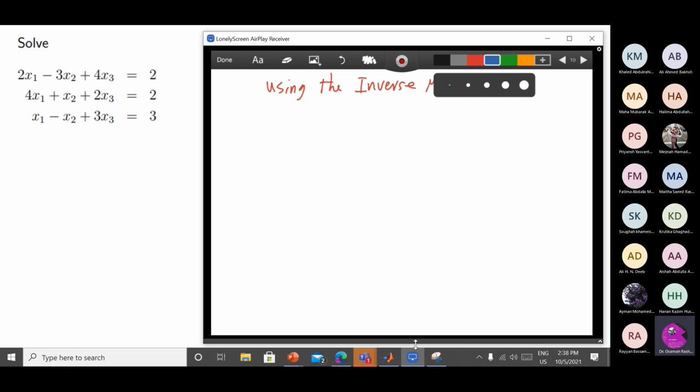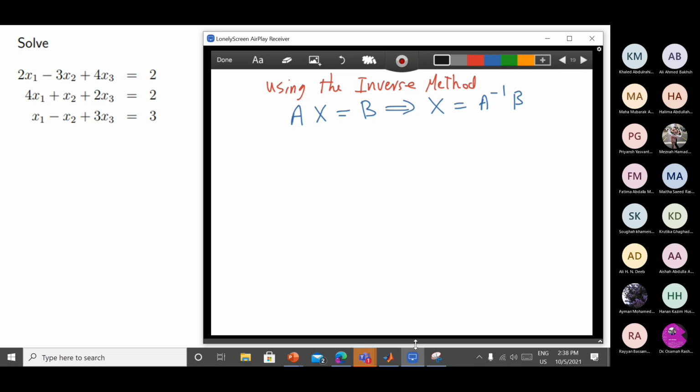What is the formula of solving the inverse method? You have to write your equation as AX equal to B. So X will be A inverse times B. Now, what is A? A is the coefficient matrix. So you have to write in column 1 the coefficient of the first unknown x1.